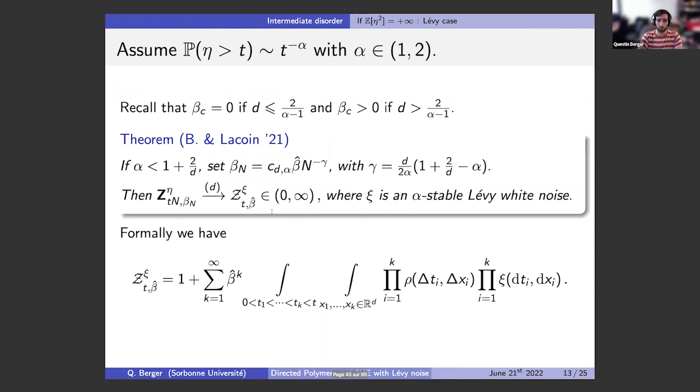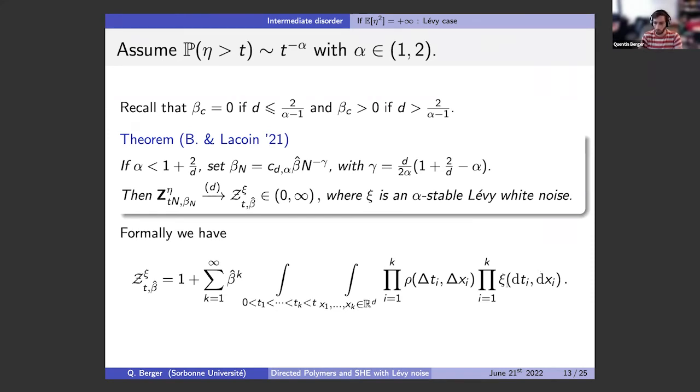Okay, and what is this non-trivial random variable? It's formally the same as before, except that you replace the Gaussian white noise by the equivalent when you have this tail assumption, which is an alpha stable Lévy white noise. If you don't know what alpha stable Lévy white noise is, it's not really important.